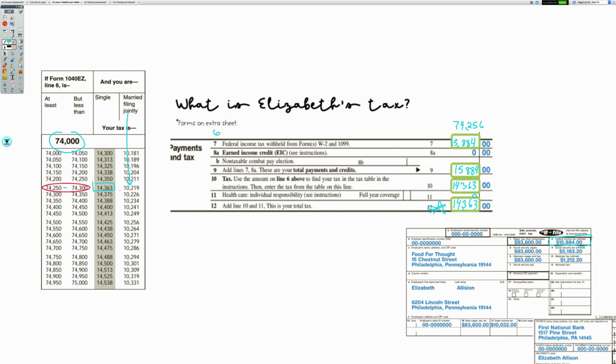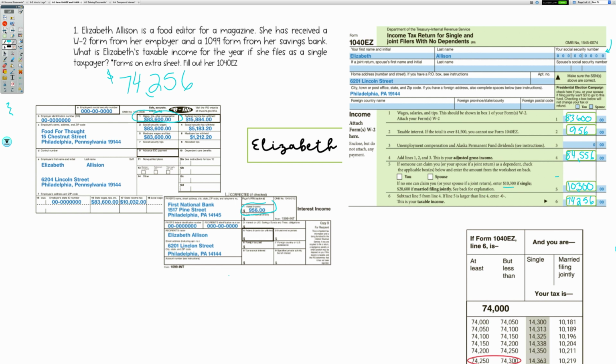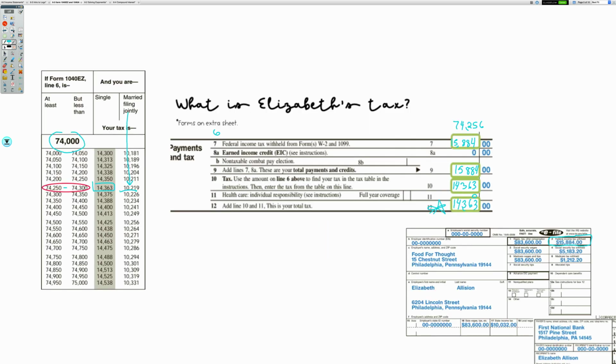See, because this is smaller, what you have to pay in taxes is smaller, and this is bigger, what you subtract from your taxable income. So there's two places where it's beneficial if you were married filing jointly versus just being single making that same income.